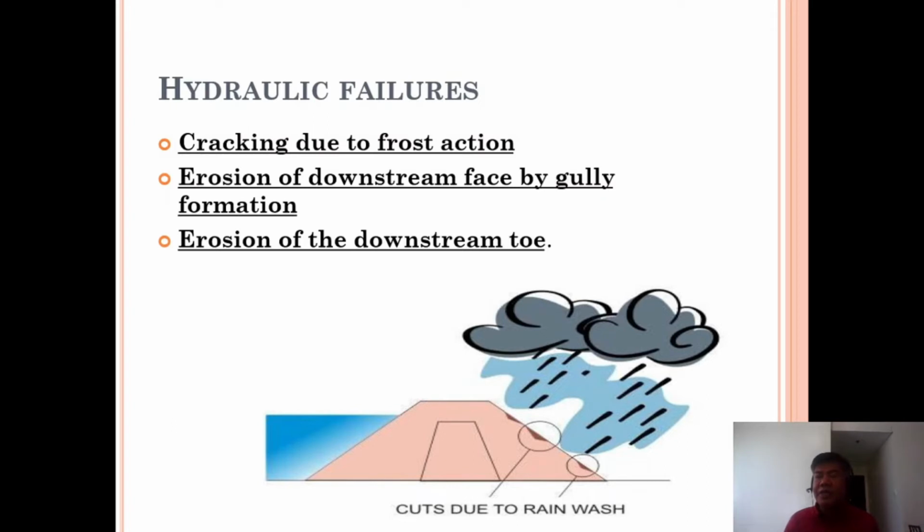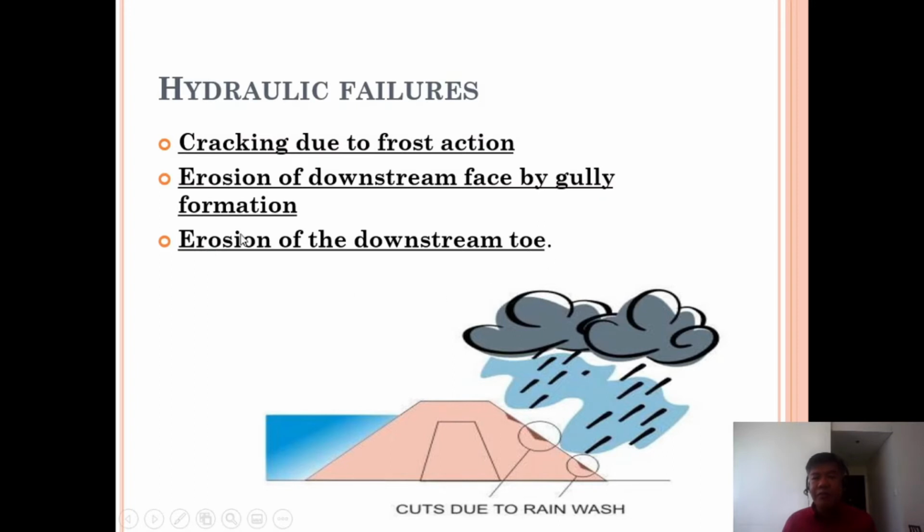What they did as protection is use sandbags. They just put sand inside the bags, then layered them on the slopes, similar to riprap. Others plant grasses. Others use geotextiles. So there are a lot of measures you can use to protect the slopes.